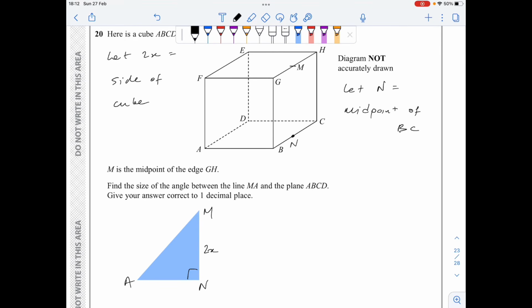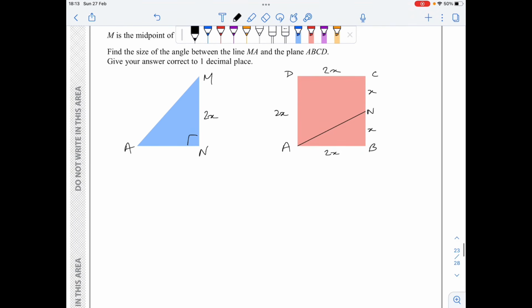Note that to find AN, I'll need to consider the base of the cube. Note that this, when seen from above, is a square with side 2x. Let's extract this from the shape as well.